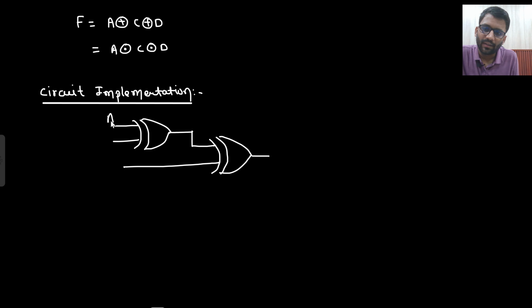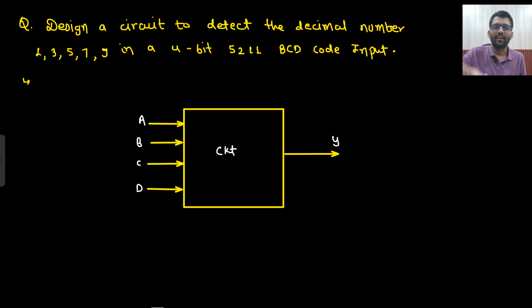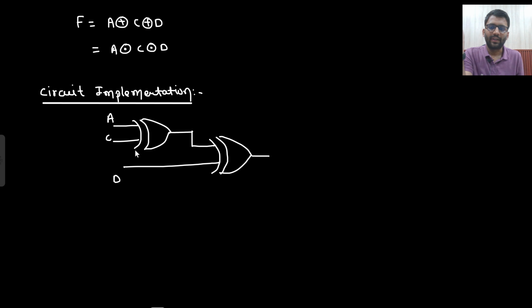So this will be the equivalent circuit for A, C, D. You can tell them, sir, A, C, D would be there, and in BCD code it will detect the outputs 1, 3, 5, 7, 9. Well and good. So here it is A XOR C, here it is D only. So the final output is A XOR C XOR D, which is your output F. Okay, so that's the correct answer.